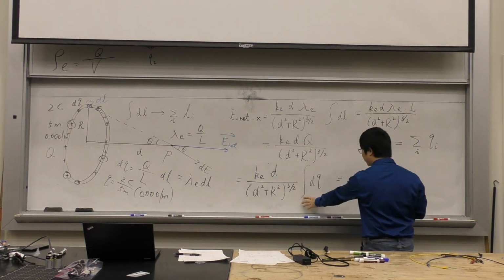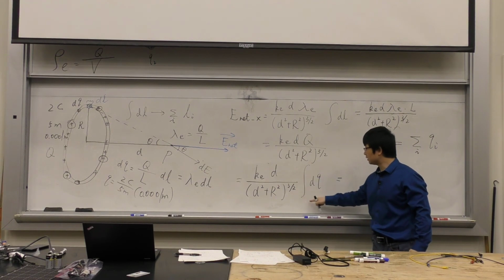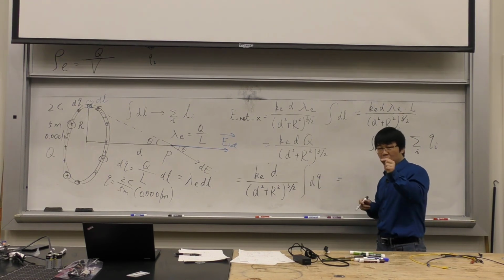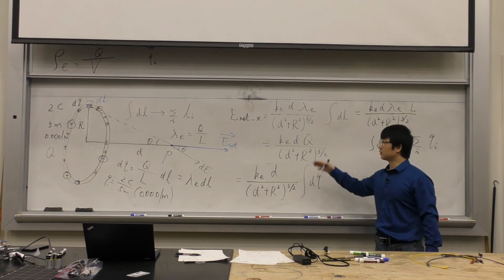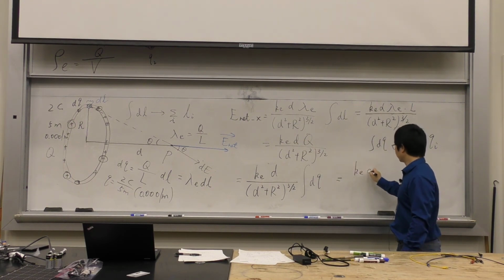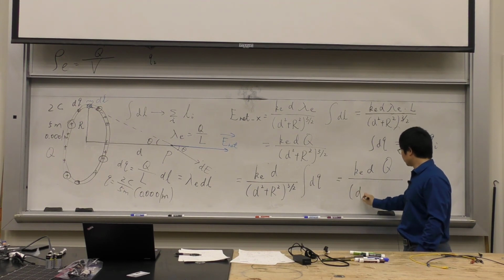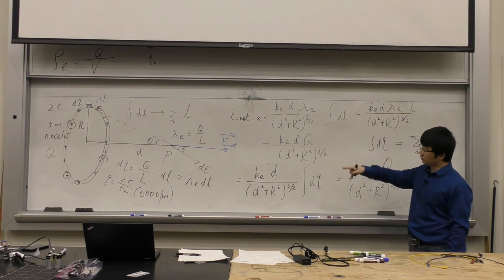So if there's no function in this integral, that's even easier. When I integrate this dq, I'm just adding all these infinitesimally small charges together, no function, so I'm just going to get the total charge of this ring, which is big Q. If you understand what this means, you don't even need to write the dq in terms of lambda e times dl.